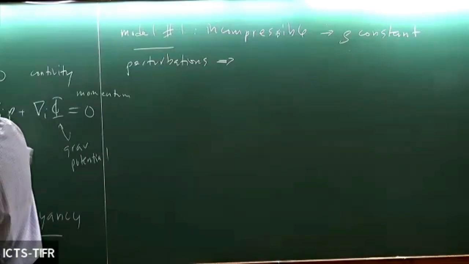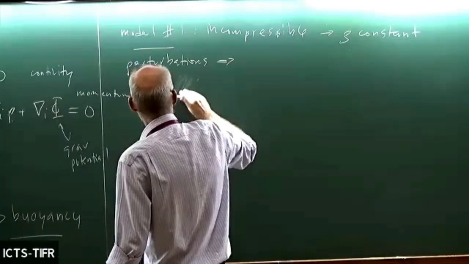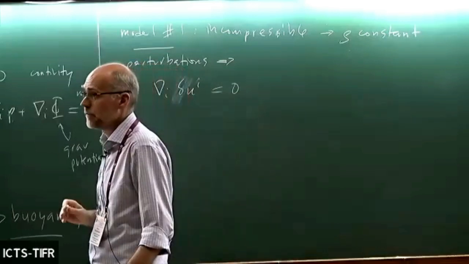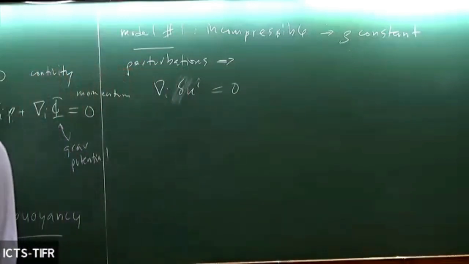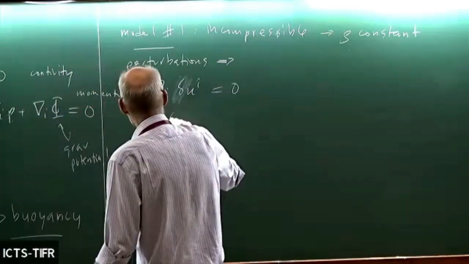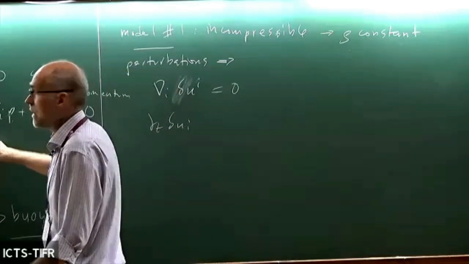This goes straight through, so I just get from there a gradient of some delta u_i has to vanish. Here, the background is static, so this is gone already. This is a perturbation of velocity, so it's dt delta u_i. This is constant, so it's irrelevant to me.